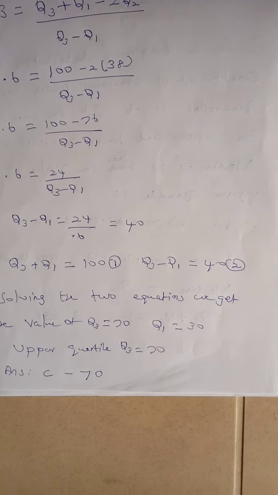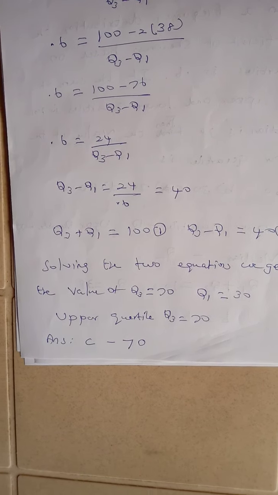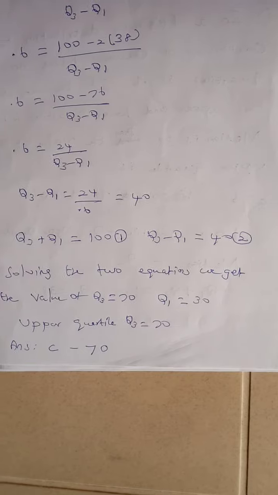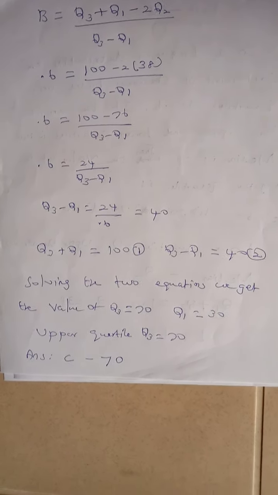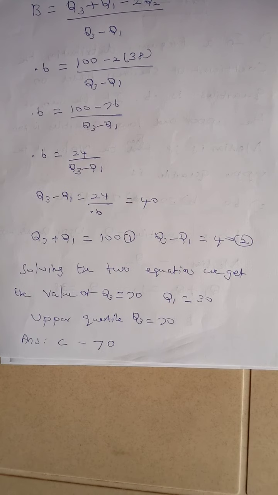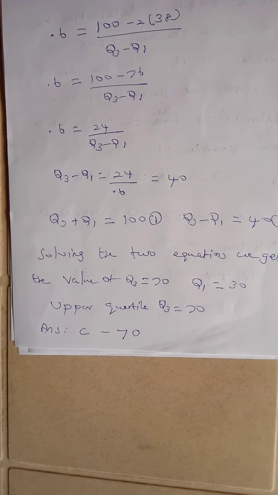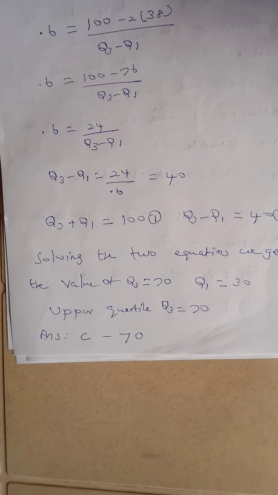Already we have the sum of the quartiles, Q3 plus Q1, equal to 100. By solving these two equations, we get the upper quartile and lower quartile. Upper quartile Q3 is equal to 70 and lower quartile Q1 is equal to 30. So for the given problem, the correct option for the upper quartile is option C, 70. Let us move to the next question.